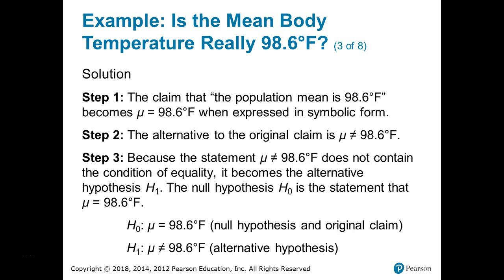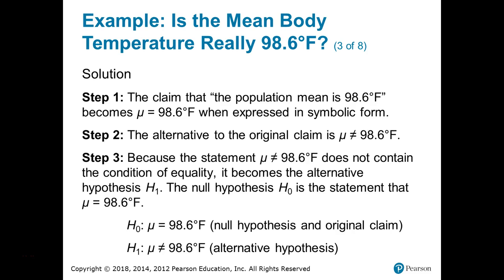Requirement check is good. So we're saying the claim is that the population mean is 98.6. So mu equals 98.6 when expressed in symbolic form. Then the opposite of that claim would be mu is not 98.6.